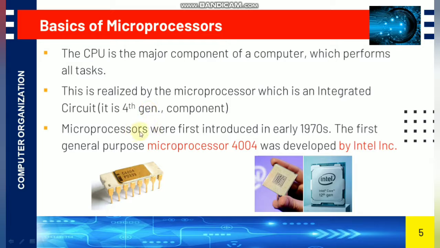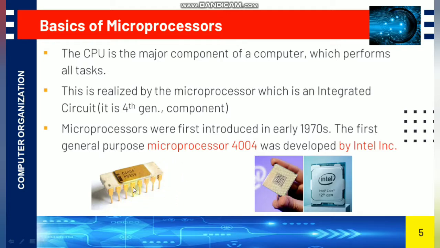Clear? Microprocessors were first introduced in the early 1970s. The first general purpose microprocessor, 4004, was developed by Intel Incorporation. Here you can see 8 pins; the first 4 pins are for input and the second 4 are for output.